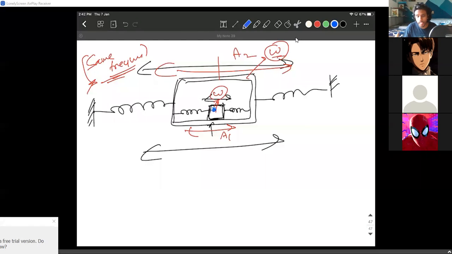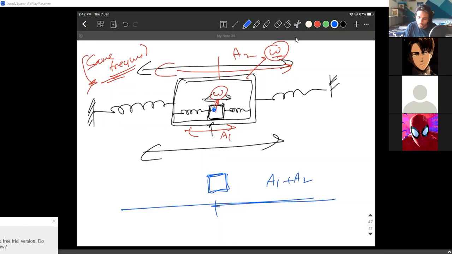I don't even see the springs, the box or the room. What I'm looking at is only the block. It will simply oscillate in an SHM with an amplitude A1 plus A2.